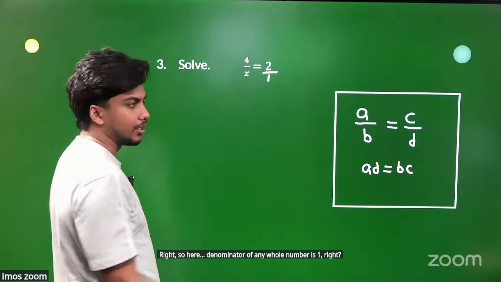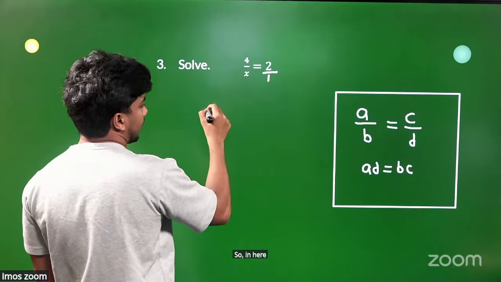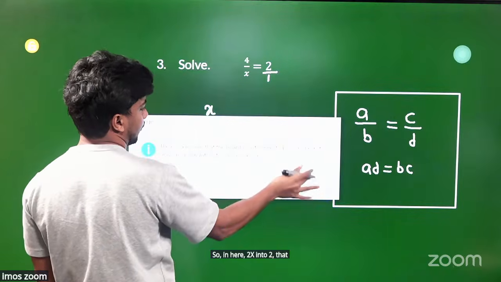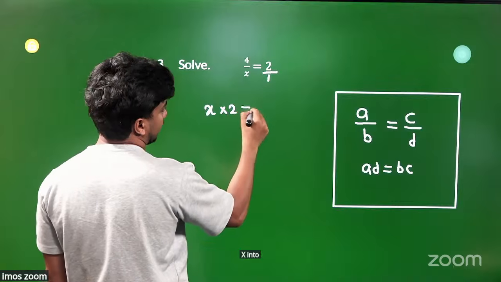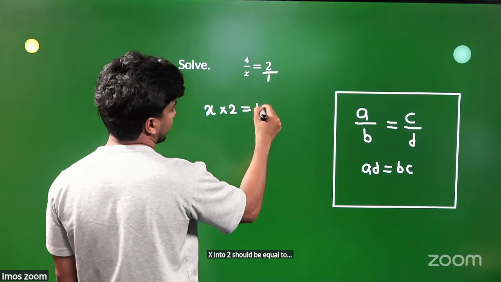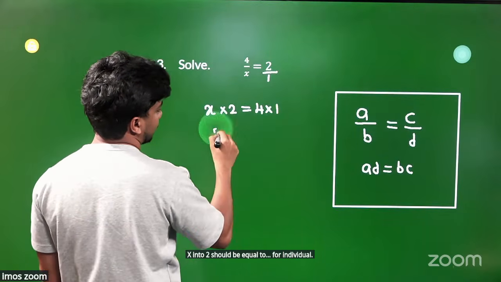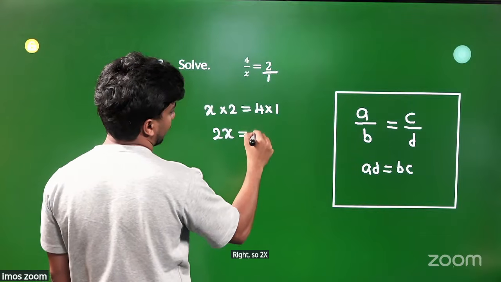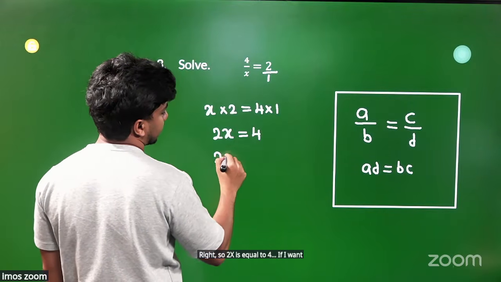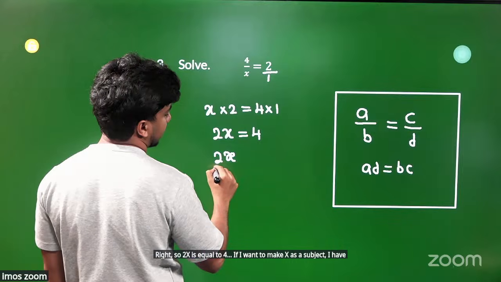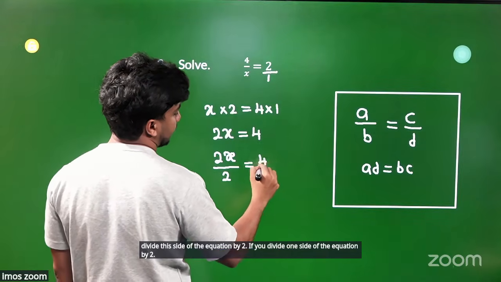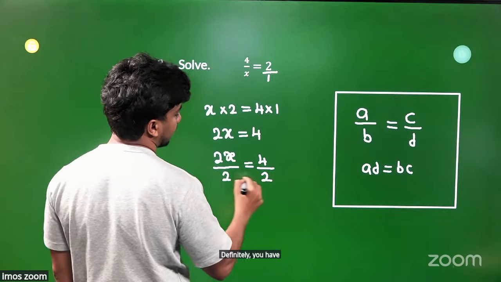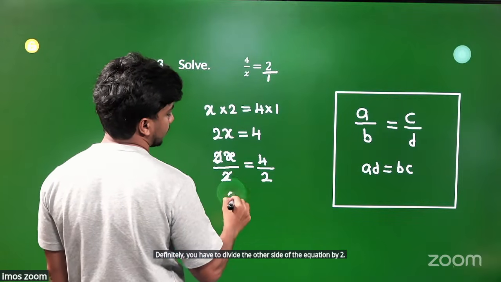So x into 2 should be equal to 4 into 1, so 2x is equal to 4. To make x the subject, I have to divide this side of the equation by 2, and definitely you have to divide the other side by 2 as well. So x is equal to 2.